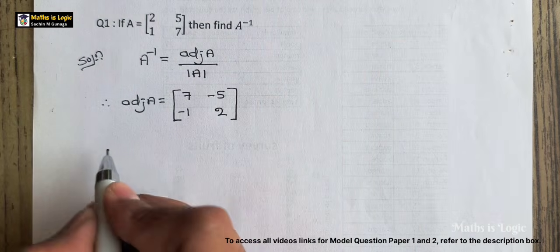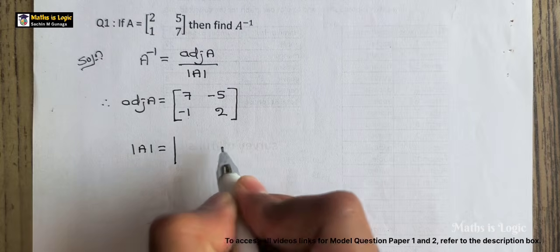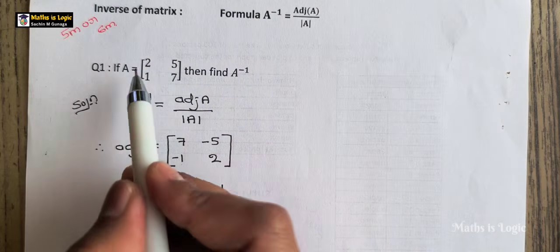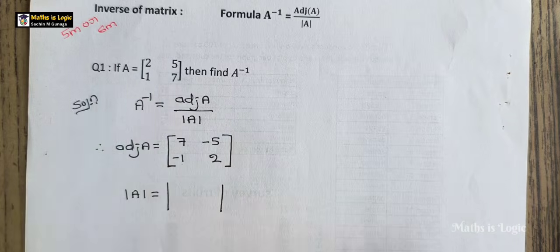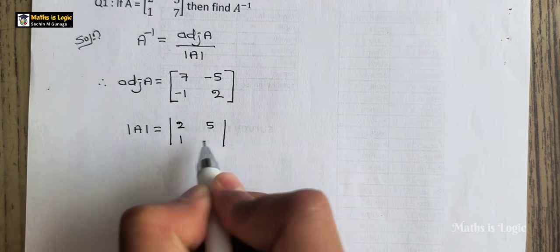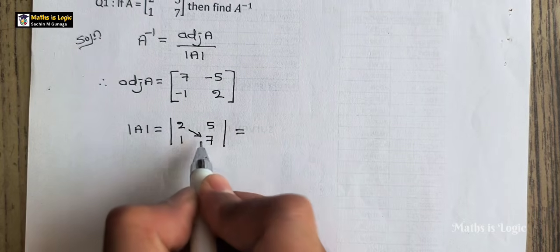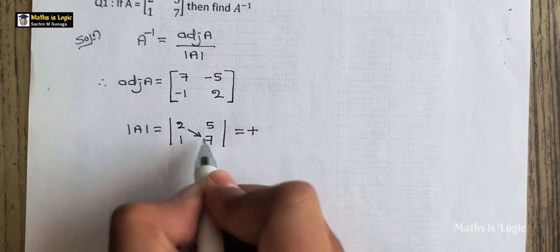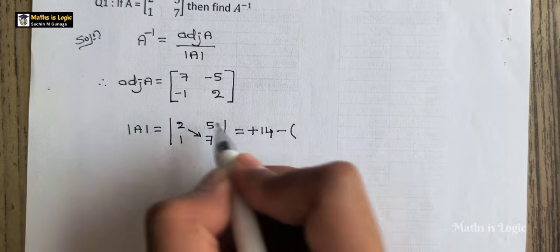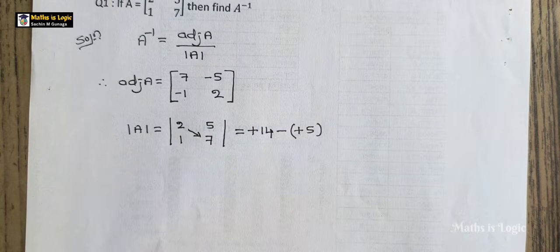Next, find the determinant of A. Determinant of A is equal to the determinant symbol, keep it as it is, substitute the A value. What is that A value? 2 5 1 7. Apply the second order determinant rule, cross multiplication: plus into plus, plus 2 into 7 is 14, minus, plus into plus, 1 into 5 is 5.